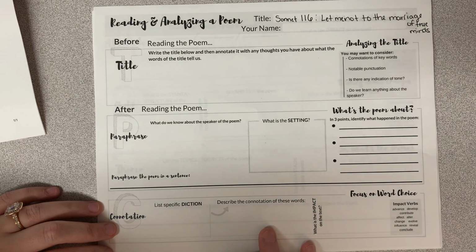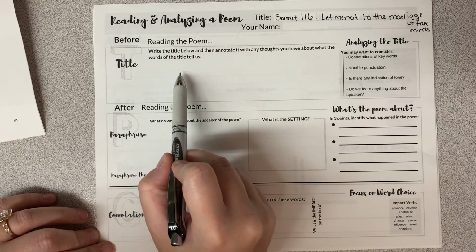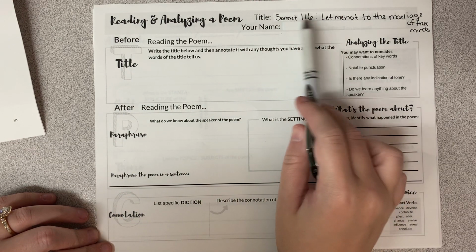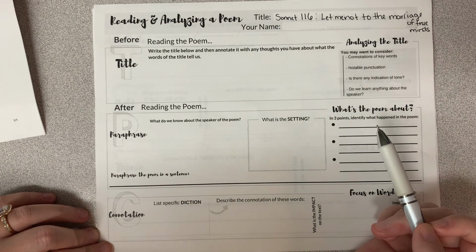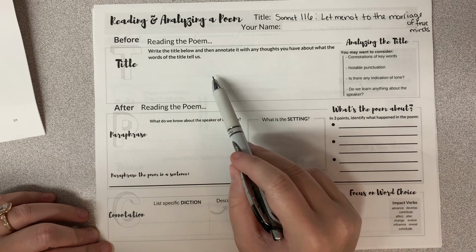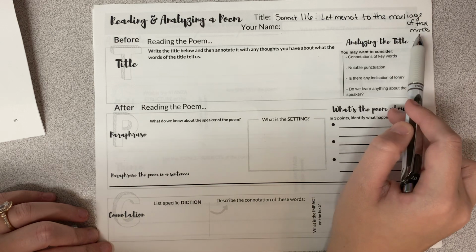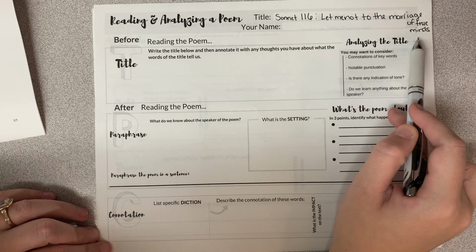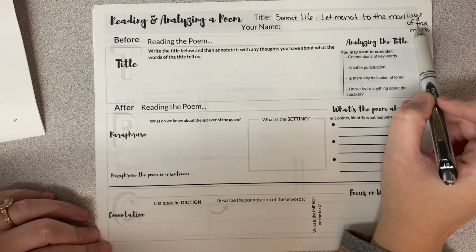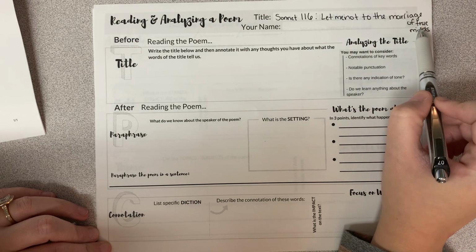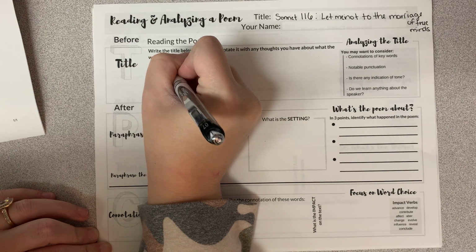Okay, so let's look at our first little section, title. It's always good to look at the title of a poem to get an idea of where we're going. This one's a little bit more complicated because generally sonnets are just known by their number and the first line, and sometimes the first line doesn't give away a whole lot. But if we look a little bit closer, maybe we can find something. So, Let Me Not to the Marriage of True Minds. Okay, so we have this idea of marriage.